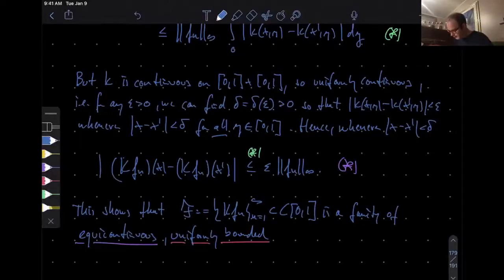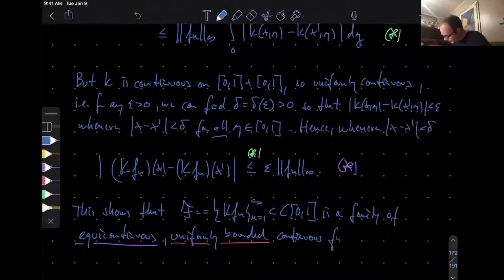Family of uniformly bounded continuous functions. Well, that uses calculus, right? That's why your kernel has to be continuous: you take a continuous function, you integrate it against something continuous, and then the result as a function of x is again continuous. But this we discussed when we first discussed the operator. Equicontinuous, uniformly bounded continuous functions.